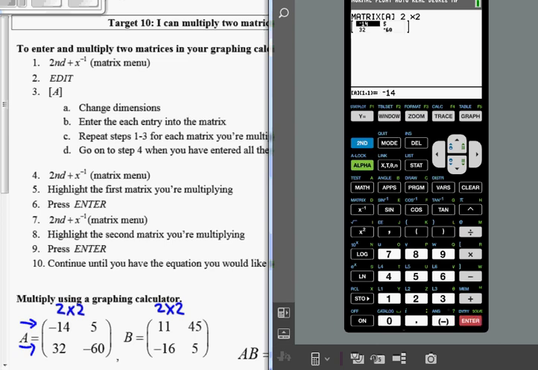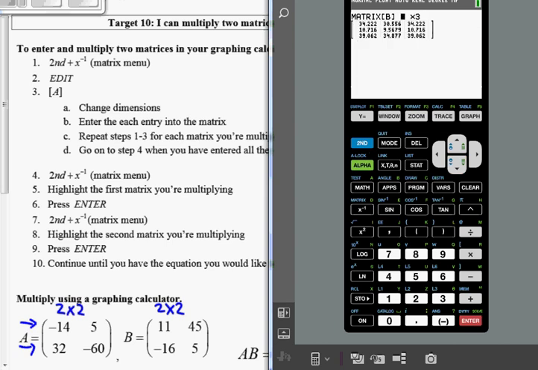Once you've completed your entire matrix, you do need to make sure that you exit out of this. So we are going to hit second mode for quit. That will exit us out of the matrix. To put in matrix B, we'll go through all the steps again. So we'll hit second matrix. I'll scroll to the right to edit. This time I'm going to scroll down to matrix B and hit enter.